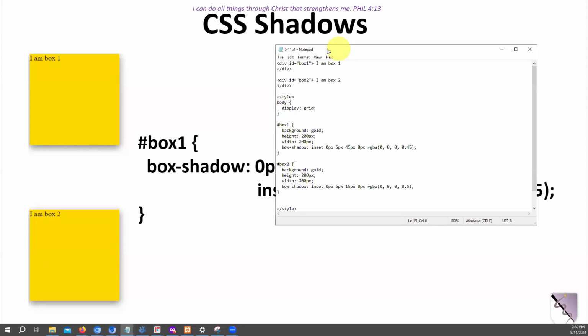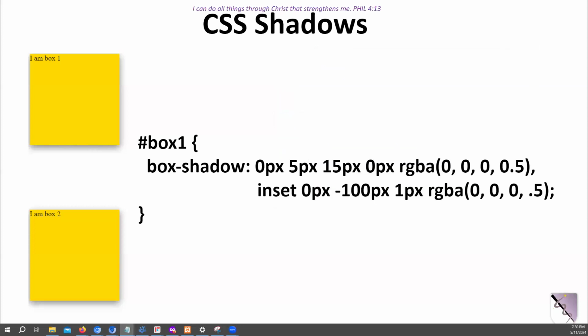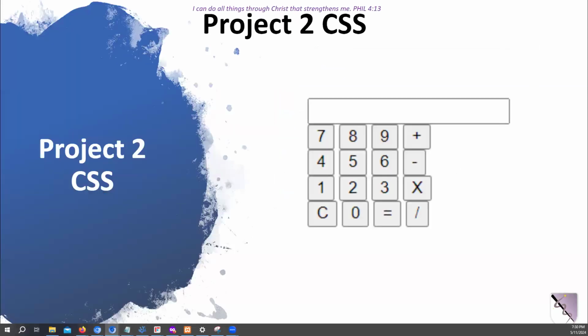Right, very good. Okay, so now that we understand shadows a little bit more clearly, let's go ahead and get back to project two and start adding our CSS. So the first thing we're going to add, this is our project two at this point. Again, let me just pull that back up.